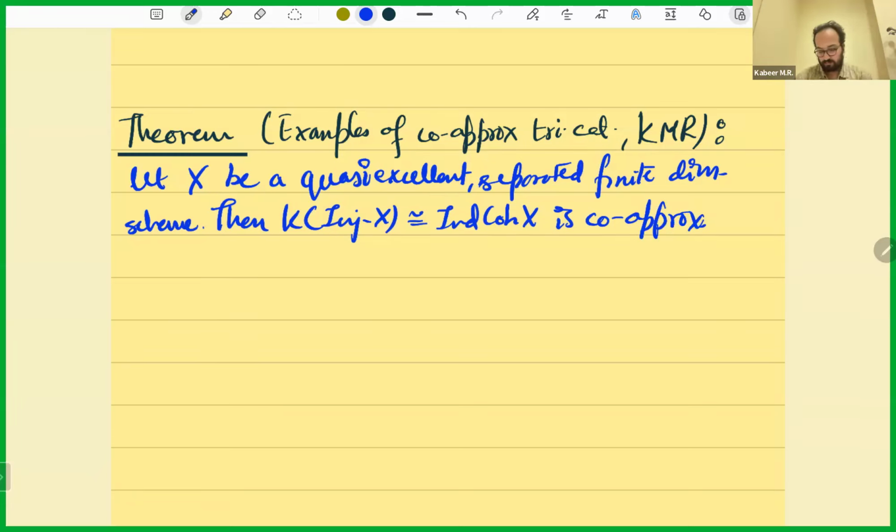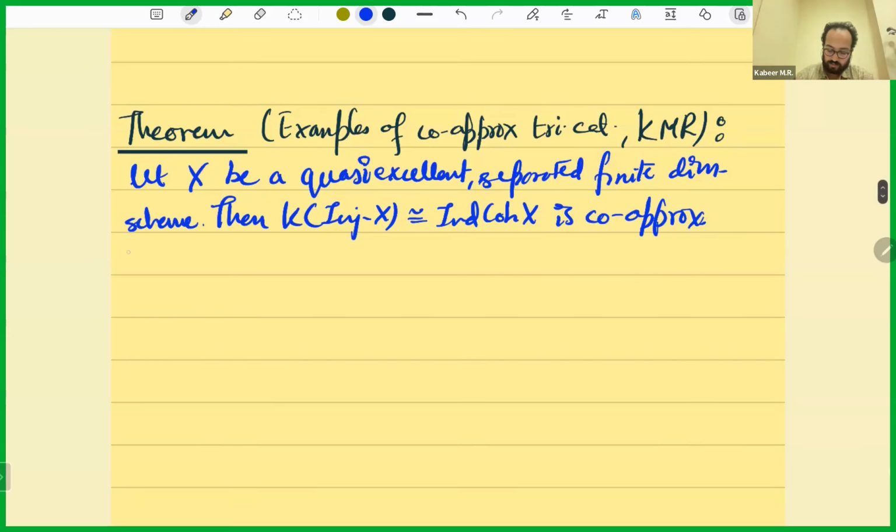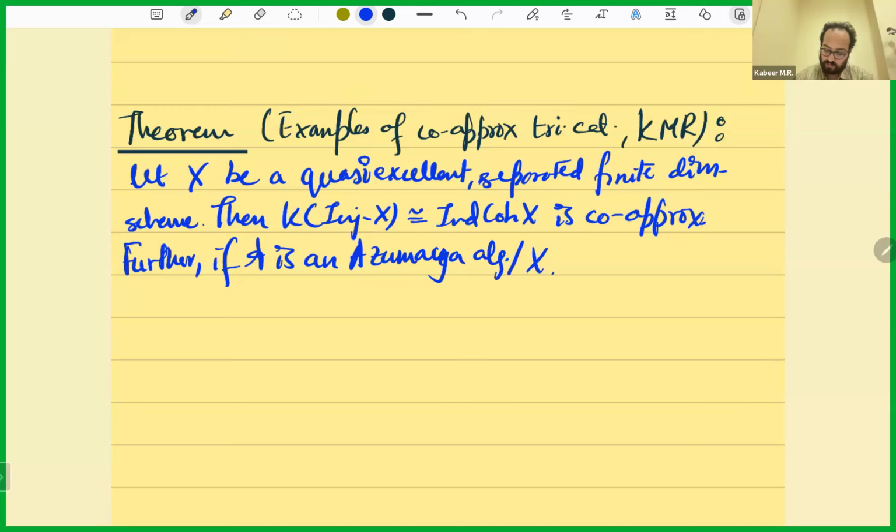Again, there is a mild non-commutative analog further. If A is an Azumaya algebra over X, then K-inj of A is also co-approximable.